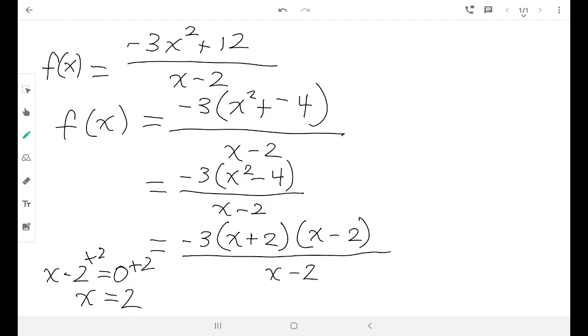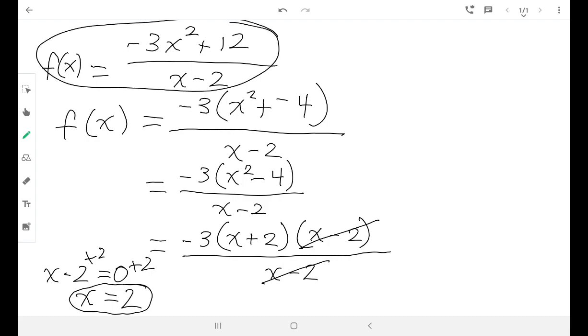However, because of that cancellation, and actually let me not cross that off because I'm going to need that, instead of a vertical asymptote, the cancellation tells me that there is a hole at x equals 2.